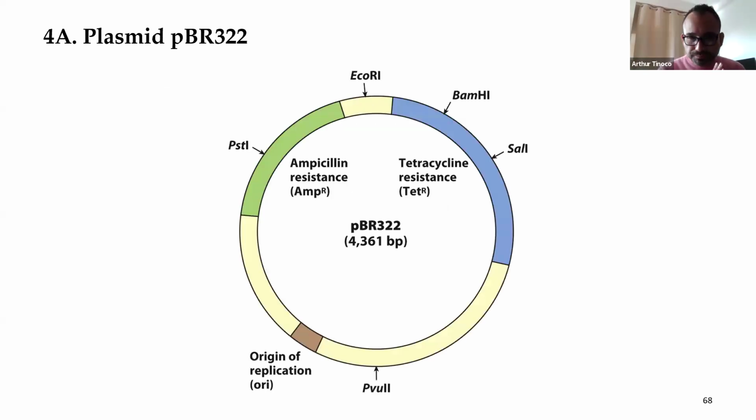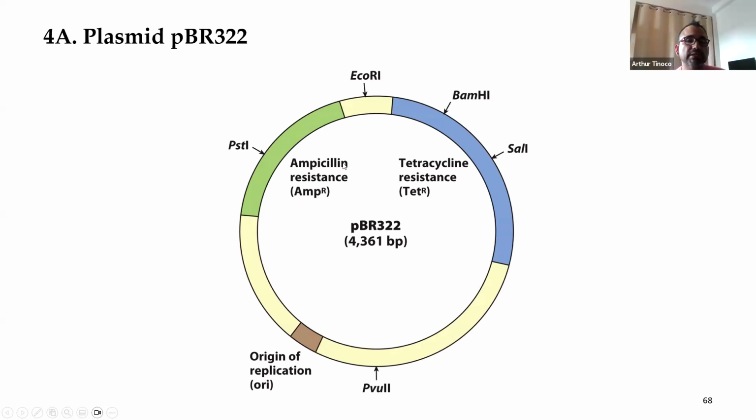All right, so here we have a visual depiction of a plasmid. This plasmid is pBR322, and you have here the corresponding number of base pairs, 4,361. All right, so what do we observe here? In this sequence, you have a part of it that has ampicillin resistance.